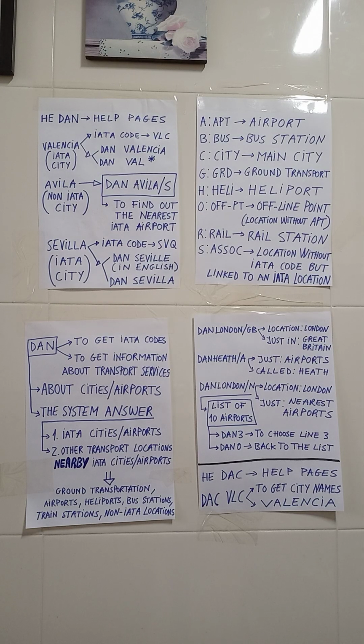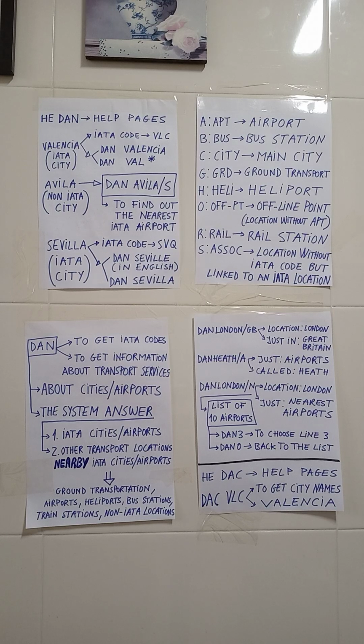Below I indicate that at least will appear in this case, because we say nearest airports, a list of 10 airports. Okay, so the 10 closest airports to the location London will appear.